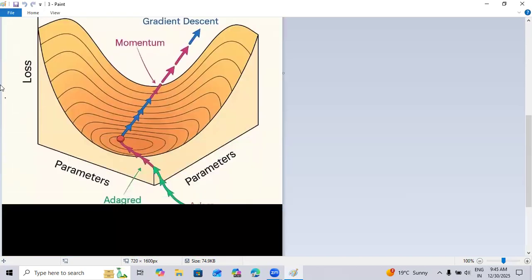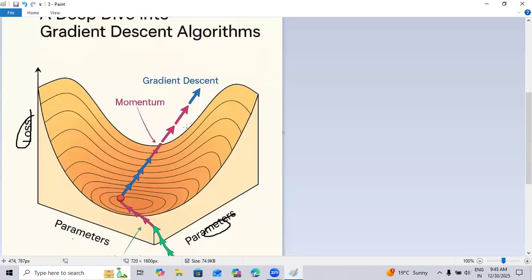One axis is the loss function and the other is the parameters. The red one is the momentum and the blue one is the gradient descent, showing how to balance and reduce the minimum error.